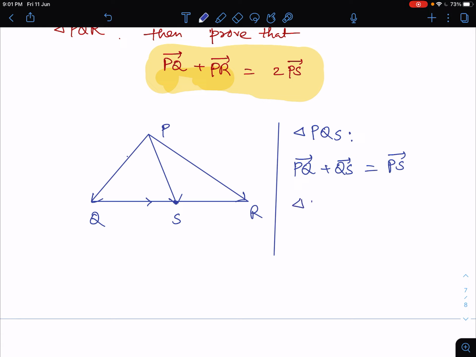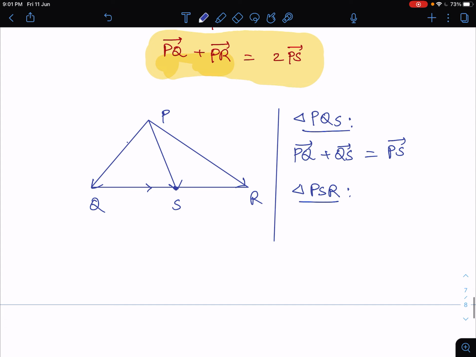Similarly, in triangle PSR, let's take the side in this direction, RS. Then PR plus RS is PS.